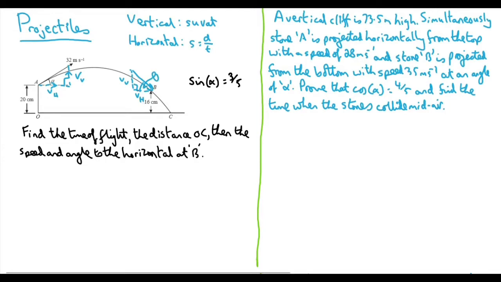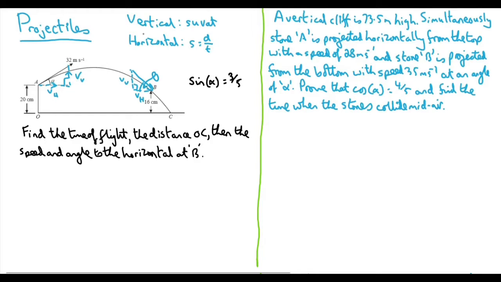So, how do we possibly go about working any of this? Well, to work out the time of flight, for instance, what we can say is that if we were to look in the vertical, we know what the displacement is going to be. You know that you are going to be dropping 20 centimeters. And we know that we can work out the vertical velocity.